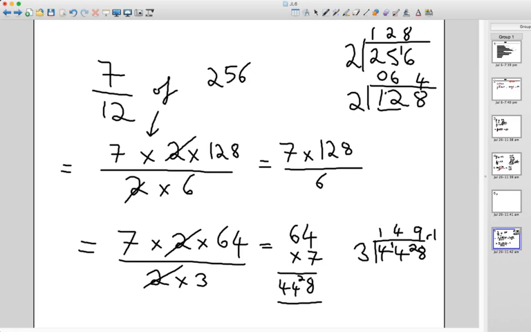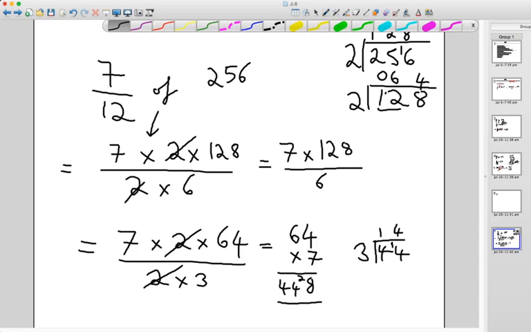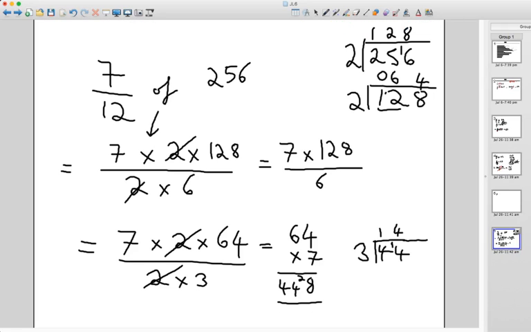So I could leave it like that, or the proper way is to add the decimal point in. And we're going to put a 0 here with a 1 remainder.